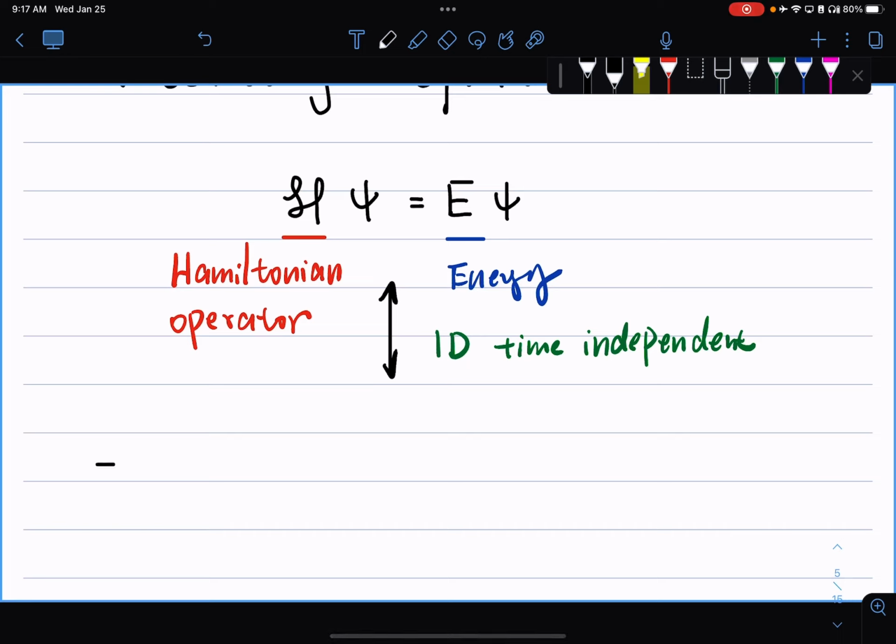That's negative h squared over 8 pi squared m, d squared over dx squared acting on phi x.